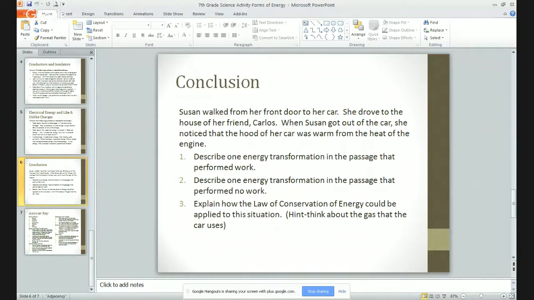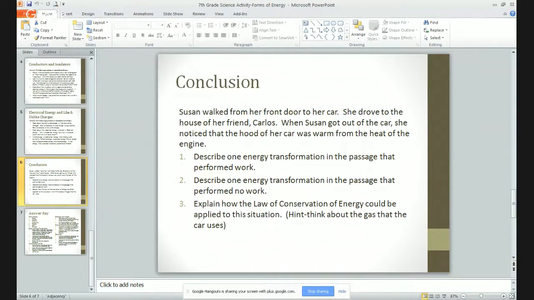So what required a push or a pull? Her walking required a push or a pull. She had to push off of the ground.